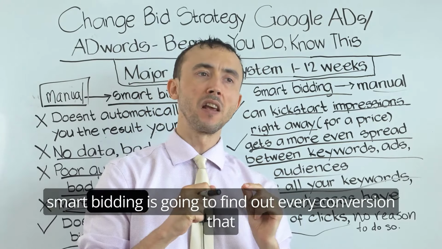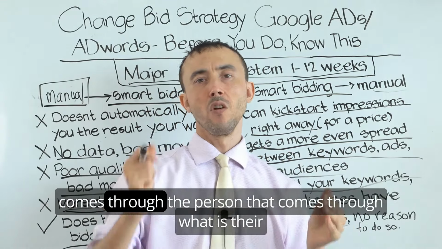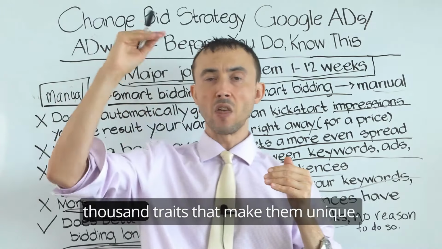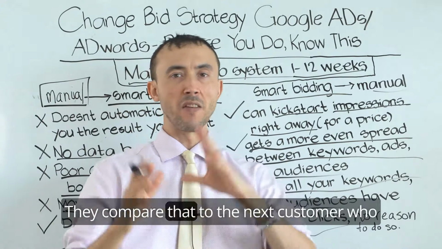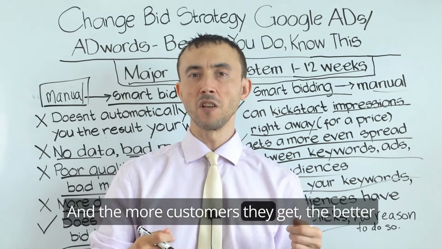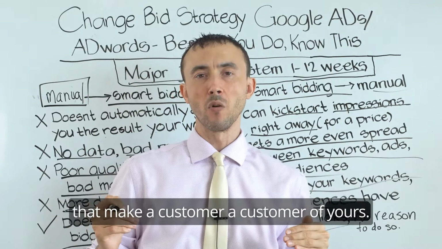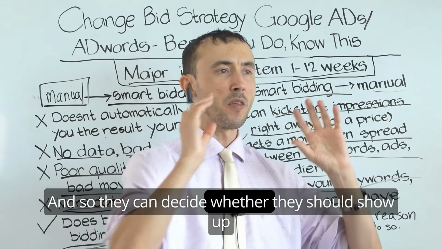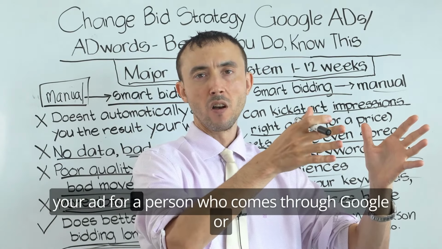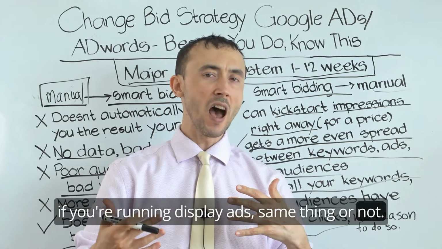Because smart bidding is going to find out every conversion that comes through, the person that comes through, what are their 1,000 traits that make them unique. They compare that to the next customer who comes through, and so on and so forth. And the more customers they get, the better a bead they get on the traits that make a customer of yours. And so they can decide whether they should show your ad for a person who comes through Google, or if you're running display ads, same thing, or not.